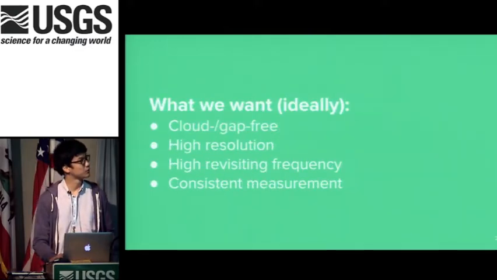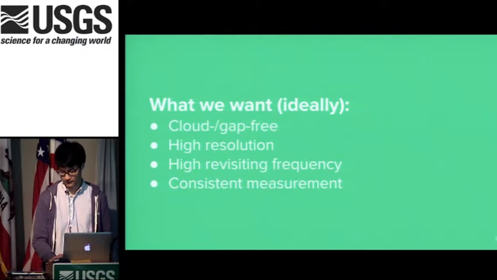So what we really want ideally is a data set that is cloud-free, gap-free, high resolution, and high revisiting frequency. We want such a data cube that also has consistent measurement, if only that exists, right?